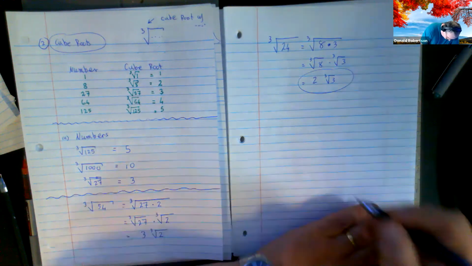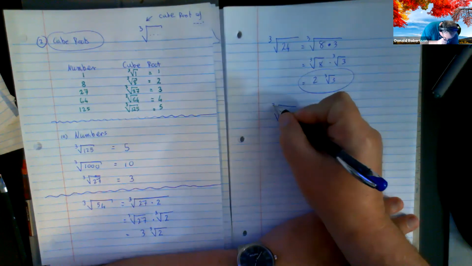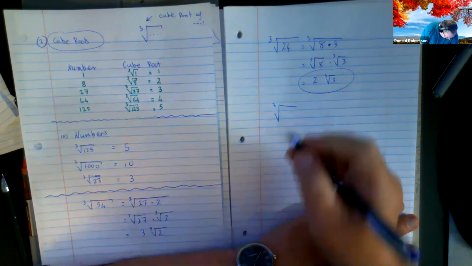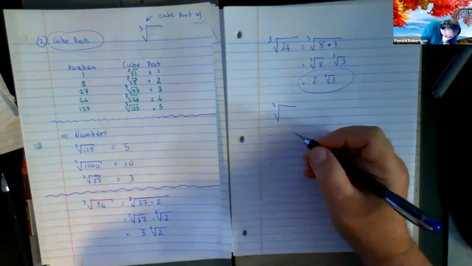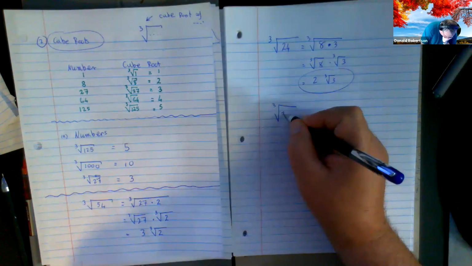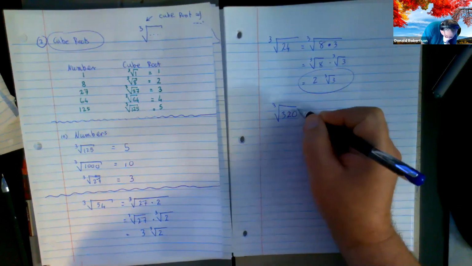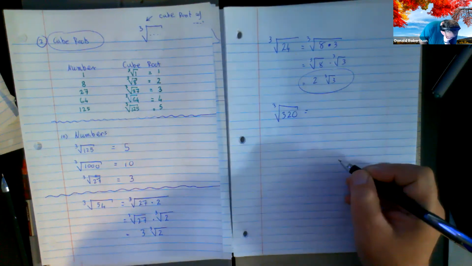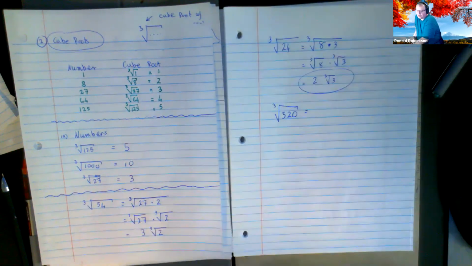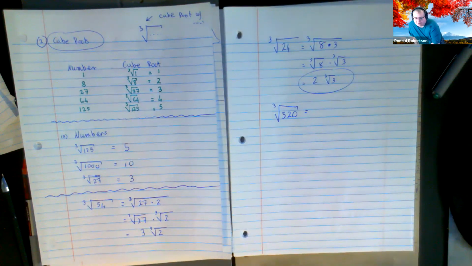How about the cube root of... Oh, let's try and make life hard for you, everybody, including me. There, that's a pretty big one. Probably at the top end of what you'd be expected to do.